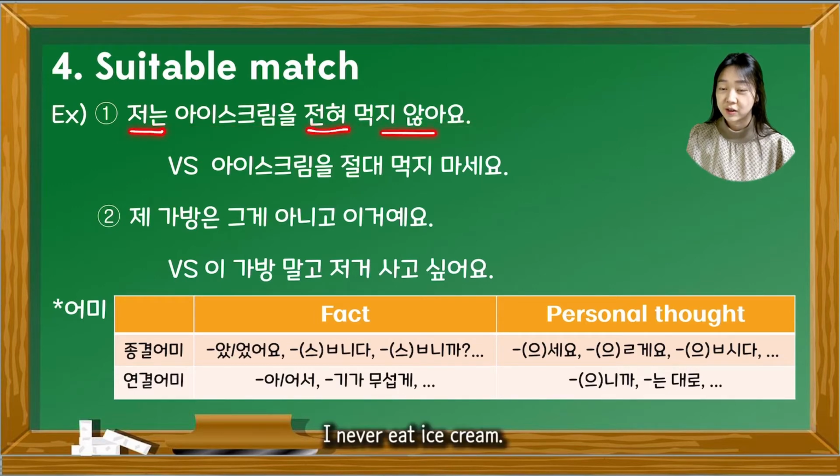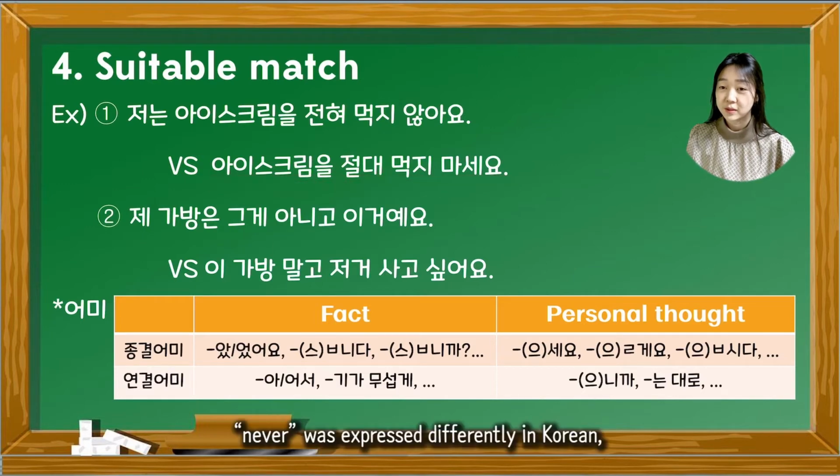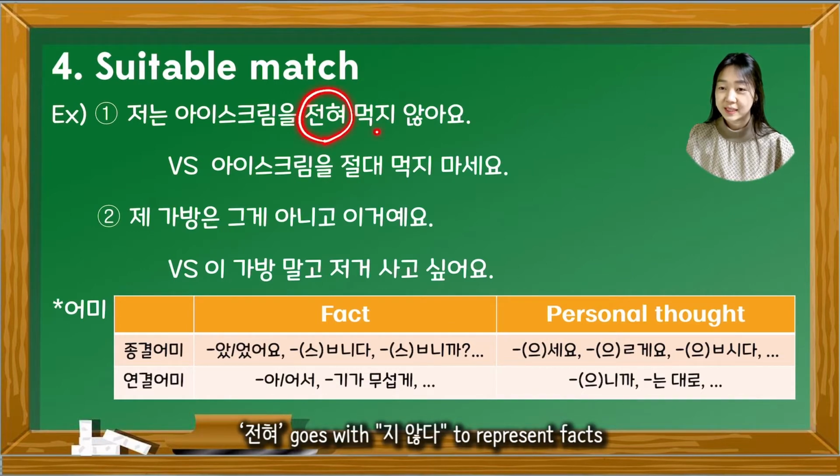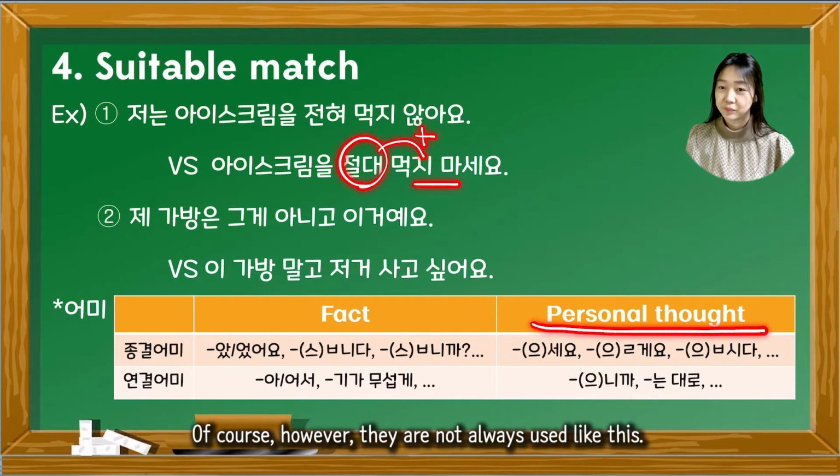I never eat ice cream. 아이스크림을 절대 먹지 마세요. Never eat ice cream. Never was expressed differently in Korean. 전혀 goes with 지 않다 to represent facts, and 절대 goes with 지 말다 to express opinions in each sentence. Of course, however, they are not always used like this.